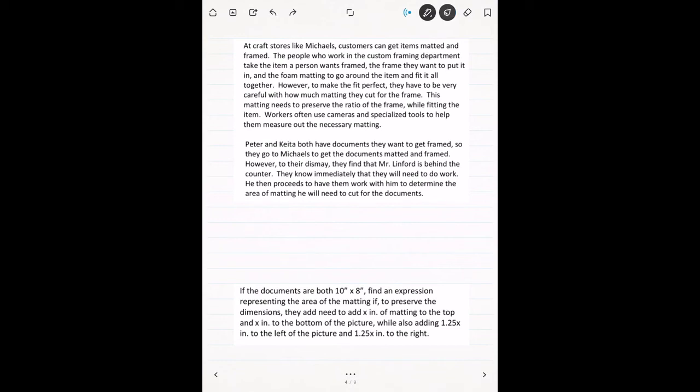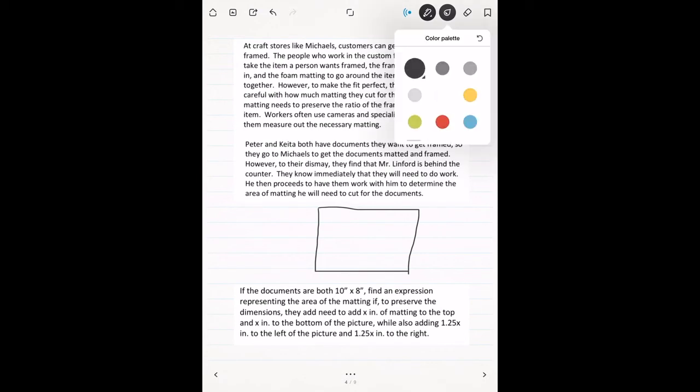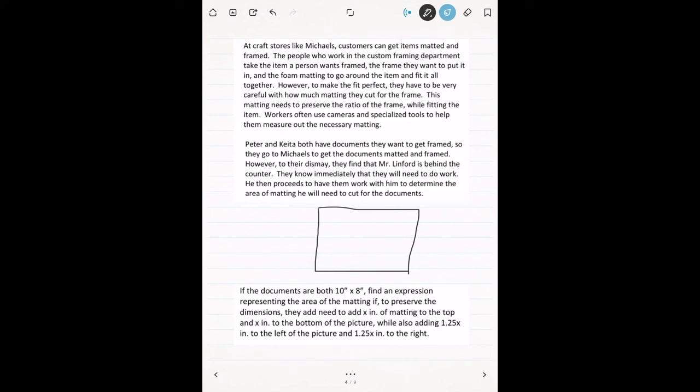So let's try to draw a little picture of what's going on here. Let's pretend this is the frame boundary. So we have this frame here, and now let's say, okay, here is the document that we want to get framed. A little messy, but you get the idea.